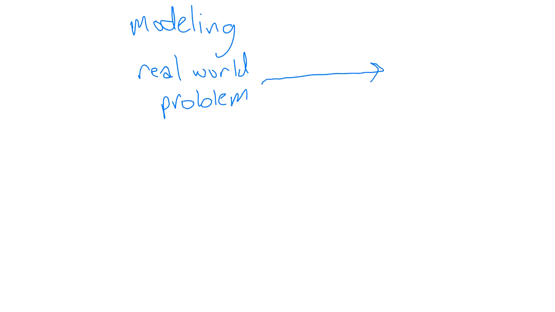Let's say we have some real world problem. We need to figure out how to solve it, which leads us to create some sort of model, whether it's a graph, an equation, whatever. Then we use that to formulate and solve for it.